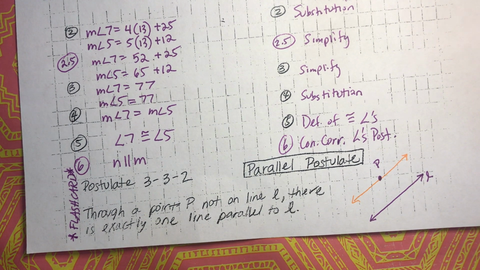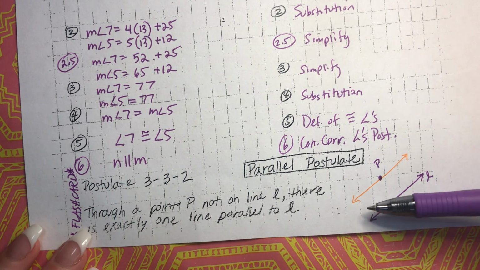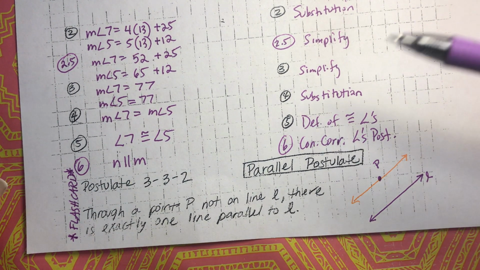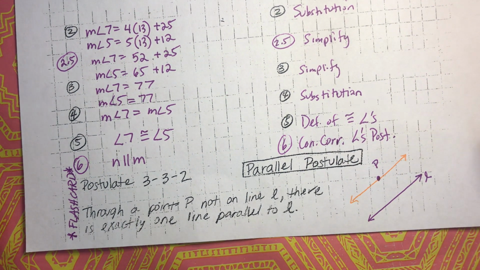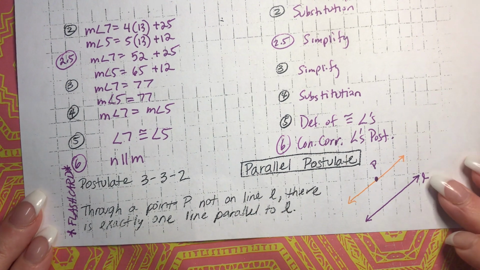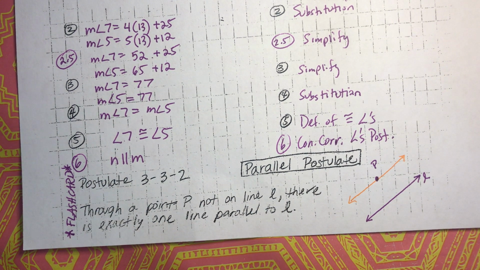You'll use those a lot, like the corresponding angles postulate, alternate exterior angles theorem, alternate interior angles theorem, same side interior angles, and all the converses of those. This one is not as popular, but I still wanted to go over it so that you understand the concept.